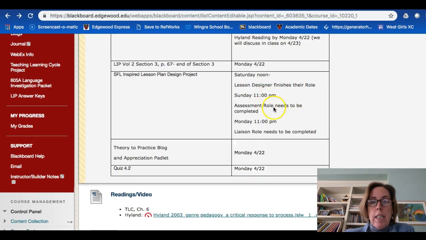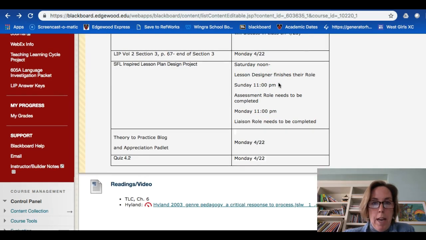Then Sunday night, the assessment person needs to be finished. And then by Monday night, the liaison role needs to be completed. So make sure that you get things done. Otherwise, you'll let your whole group down. And again, let me know if there's any problems accessing the links.